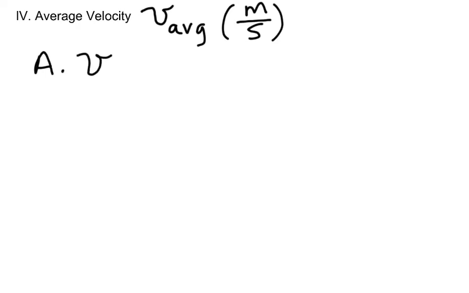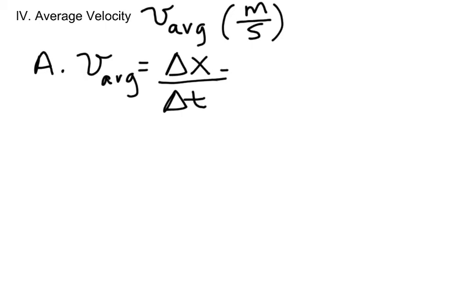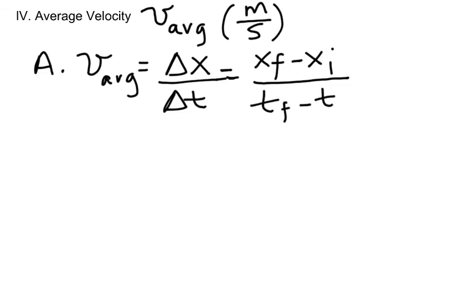V average is equal to your displacement, or your change in position, over your change in time. That's equal to your final position minus your initial position, all over your final time minus your initial time.